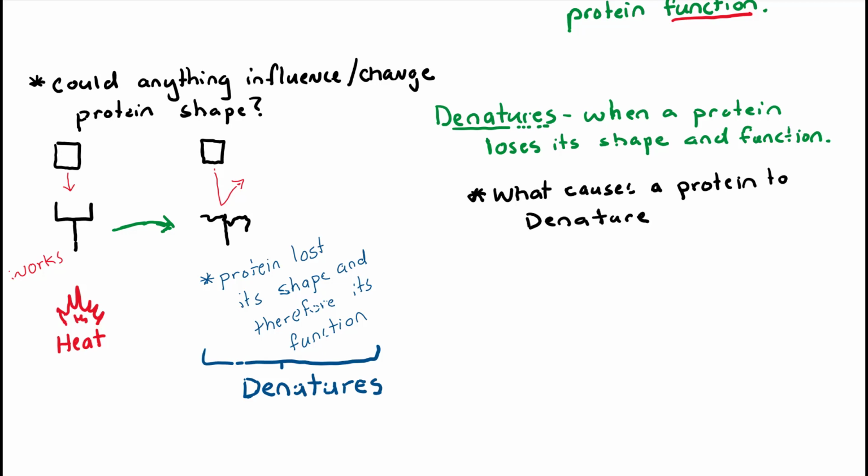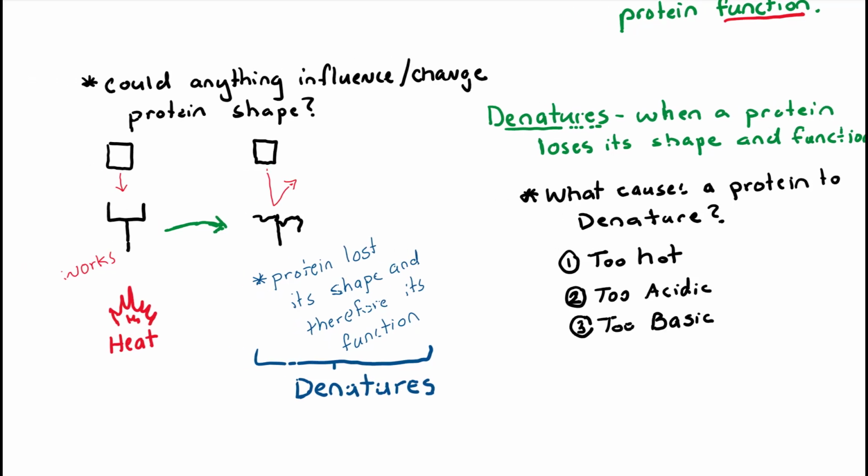There are 3 things you should know. 1, too much heat, too hot. 2, too acidic. We saw that with the fish. And 3, too basic. Too much heat, too acidic, too basic.